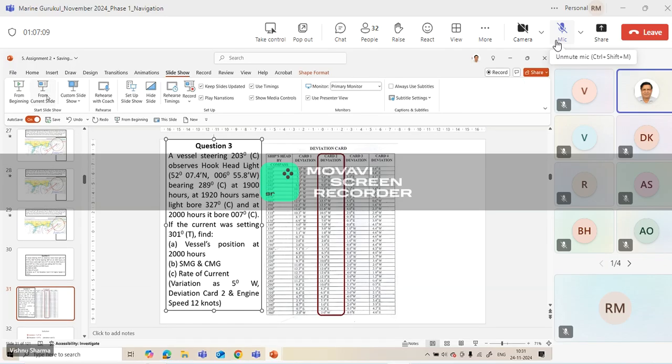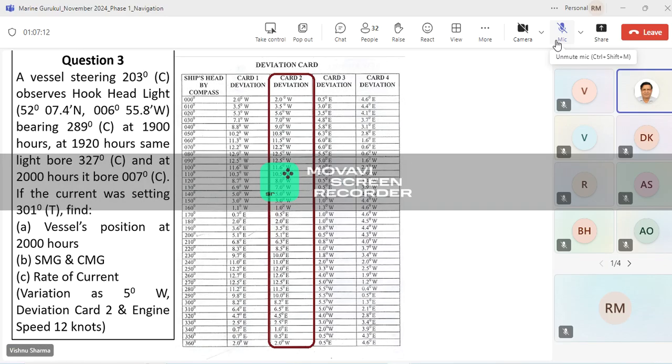Now you can convert it. Everything is here now. You can see the question. You can see the deviation card. Okay, now correct it.